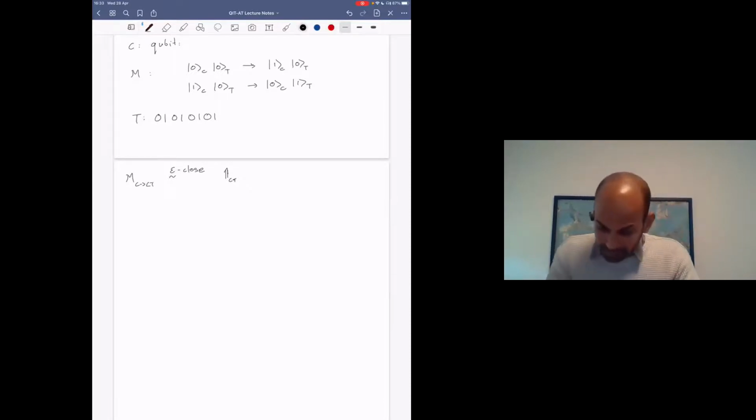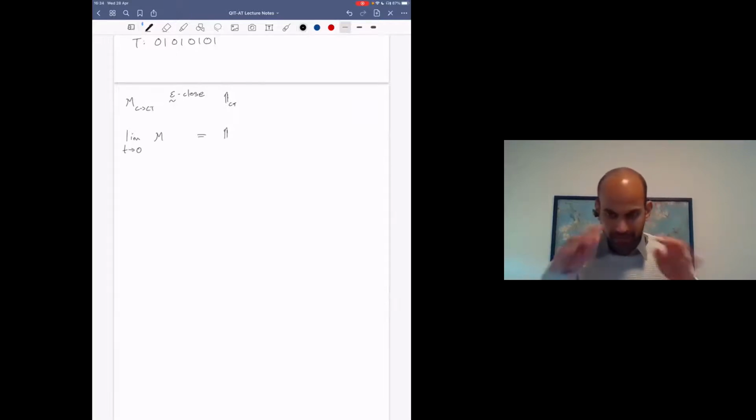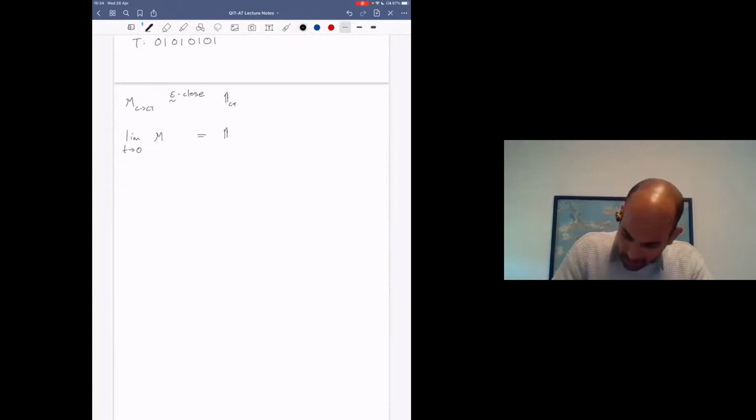A consequence of writing this, that M from C to CT is arbitrarily close to identity, is that the limit of this map as t goes to 0 should be equal to identity, with certain conditions on the register and the clock. The consequence is that we can write this now as a Lindbladian.